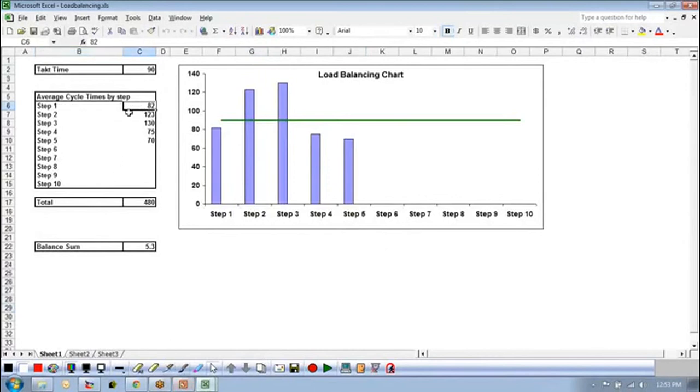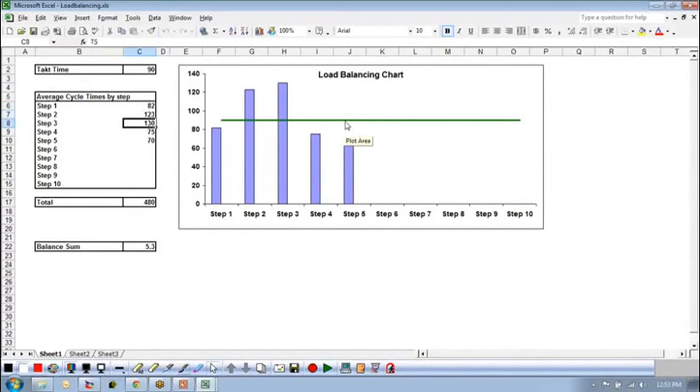Here it is, and basically, I'll show you how this works, but you take your overall demand rate. If this is in seconds, for example, this would mean that every 90 seconds, on average, we need to produce something. That may be a customer call. It may be something else. So let's look at the average time it takes us to produce something in step 1. Let's suppose that this had 5 steps.